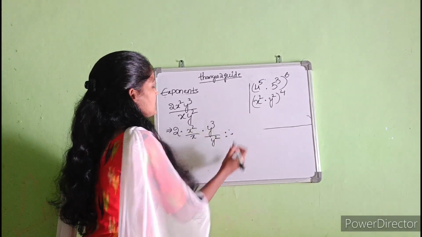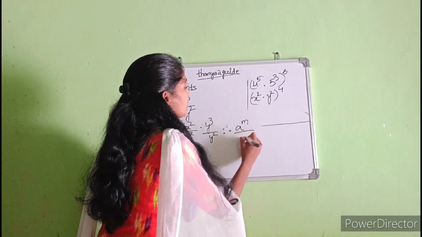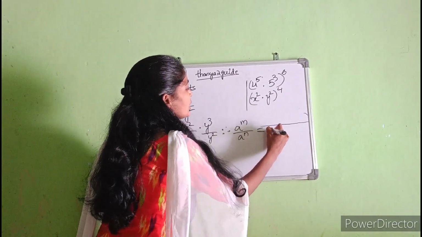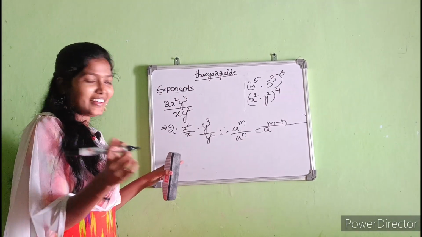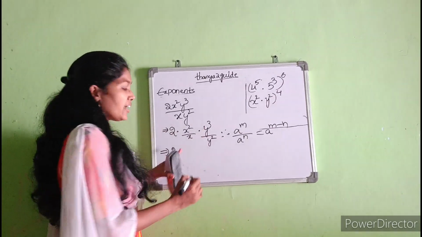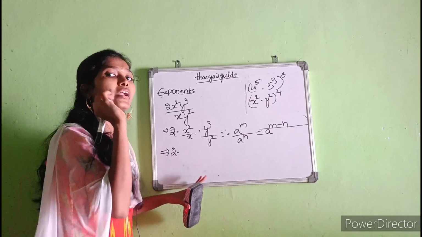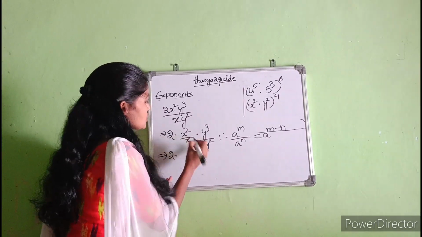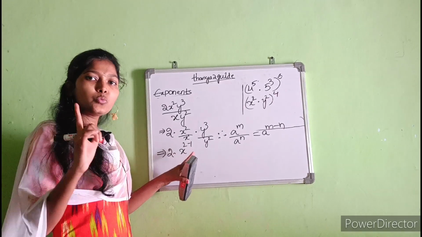After doing this, here we have a formula, that is a to the power of m by a to the power of n is equal to a to the power of m minus n. I think you got an idea, right? So, now 2 into x to the power of 2 by x to the power of 1. If nothing is there, we have to assume that 1 is there. Now, you have to write 2 minus 1, that is 1.